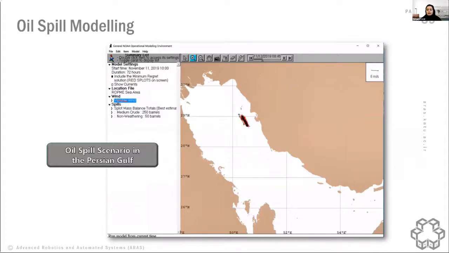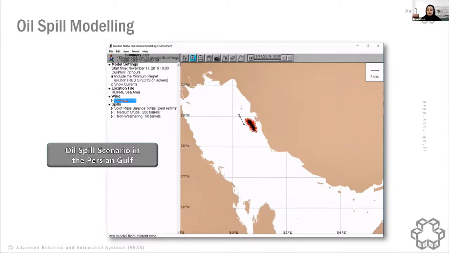In this scenario, 300 barrels of oil are considered, and you can see that the released oil spreads and moves southward due to the wind and current. The integration of this simulation data has significantly enhanced the effectiveness of oil spill responses.